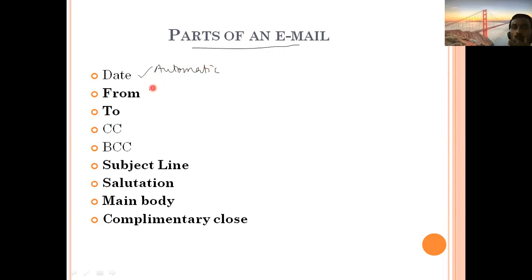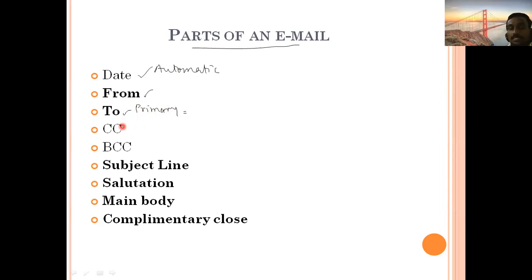Then From, it is by default our own mail ID. Okay, that will be there. To is the person to whom you are going to send your email, and that is of primary importance. ज्याला मुख्यत्वे मेल मिळायला पाहिजे त्याचा मेल आयडी To मध्ये येणार आहे.